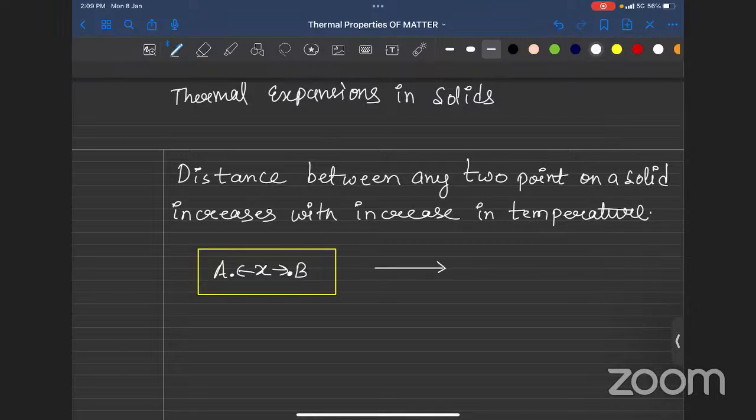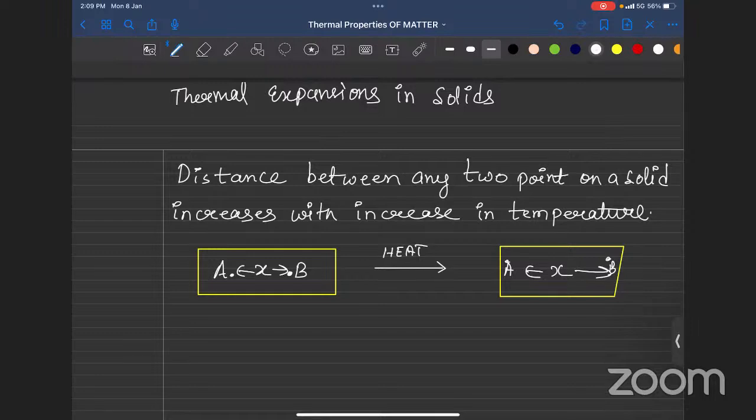If I'm going to heat the structure, what do you think is going to happen? On the same plate, the distance between these 2 points will, yes, you're right, it will increase.